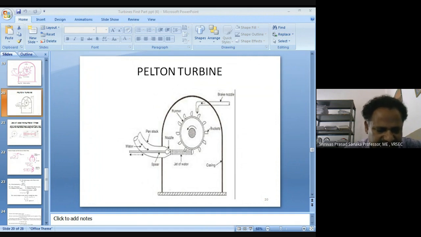But in order to stop the Pelton wheel in less time, the braking jet is used. What this braking jet will do is supply the water on the backside of the blade. When the water is impinging on the backside of the blade, obviously it retards the rotation of the Pelton wheel.